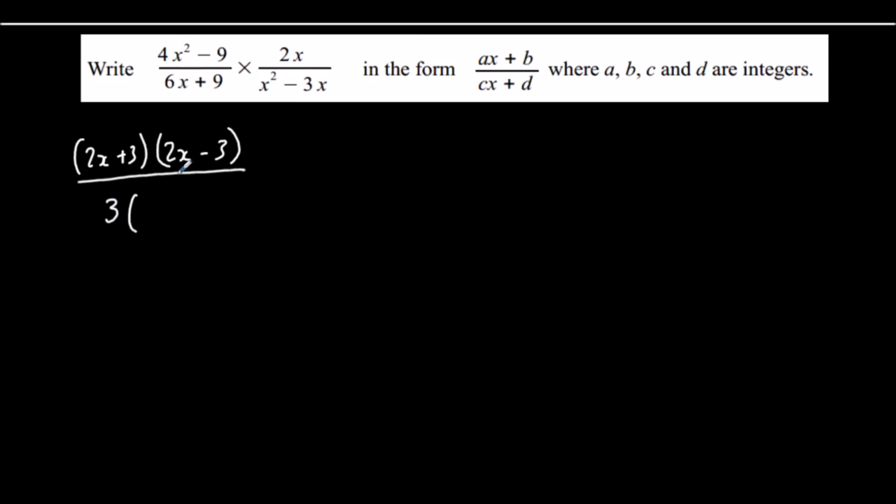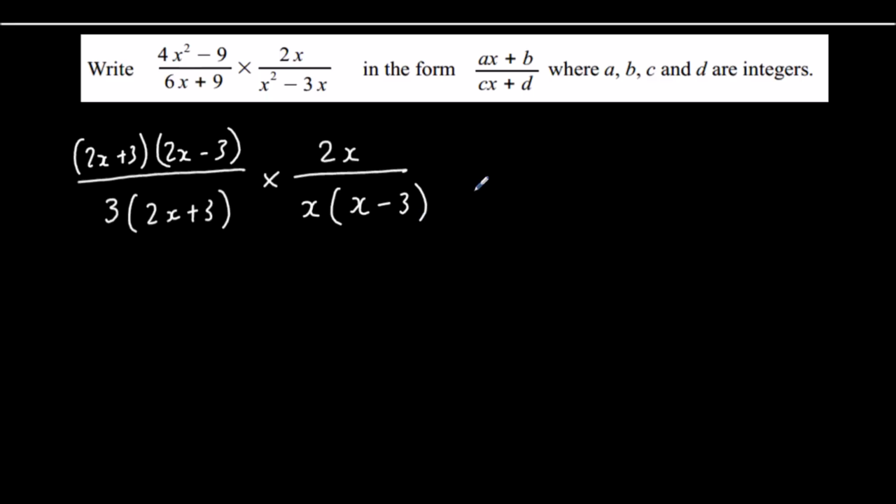Take 3 outside, and we've got 2x plus 3 in the brackets. That's times by 2x over, and again factorizing x squared minus 3x. Take x on the outside, and we've got x minus 3 inside.